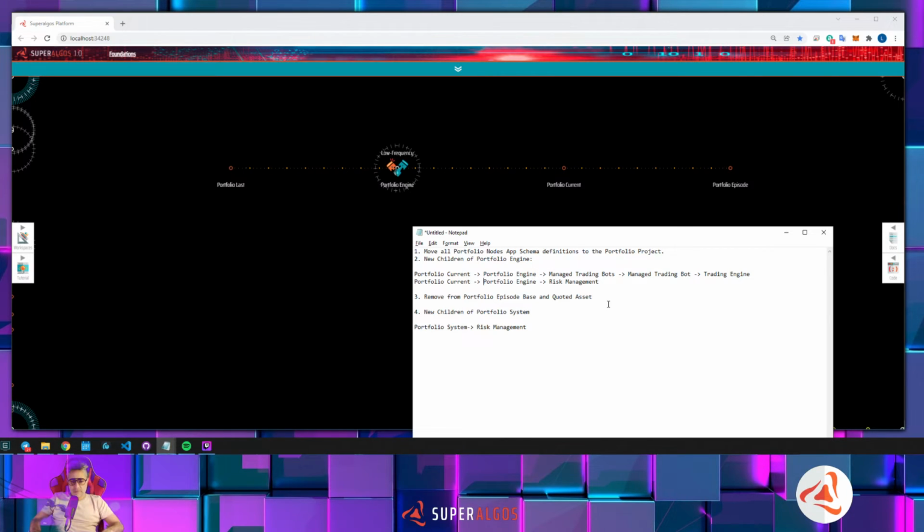No, this risk management doesn't have a last because it's calculated only once per candle. Okay, so this will go outside.